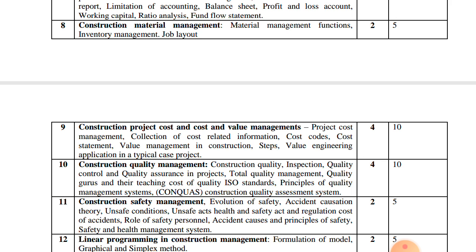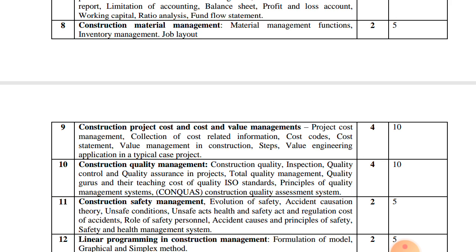In this chapter we discuss quality control, total quality management, quality assurance, different techniques to control quality, ISO standards and principles of a quality management system, and construction quantity and quality assessment system. All these things are discussed in construction quality management.